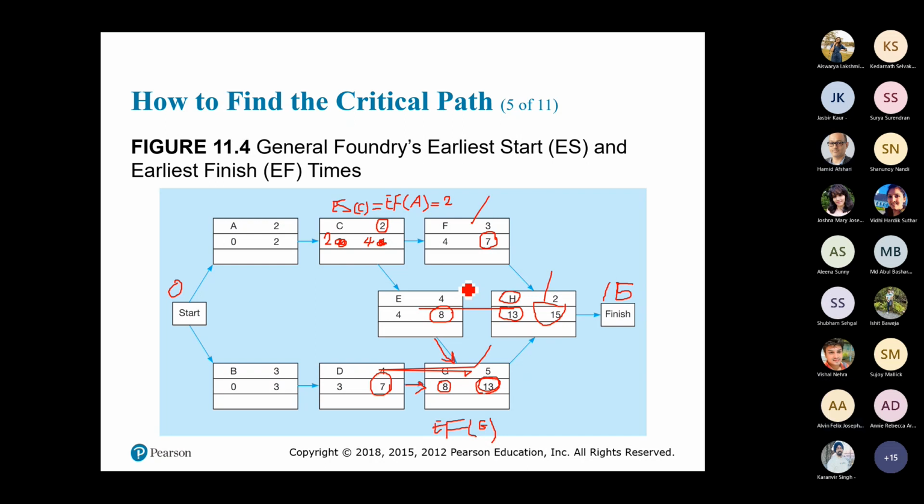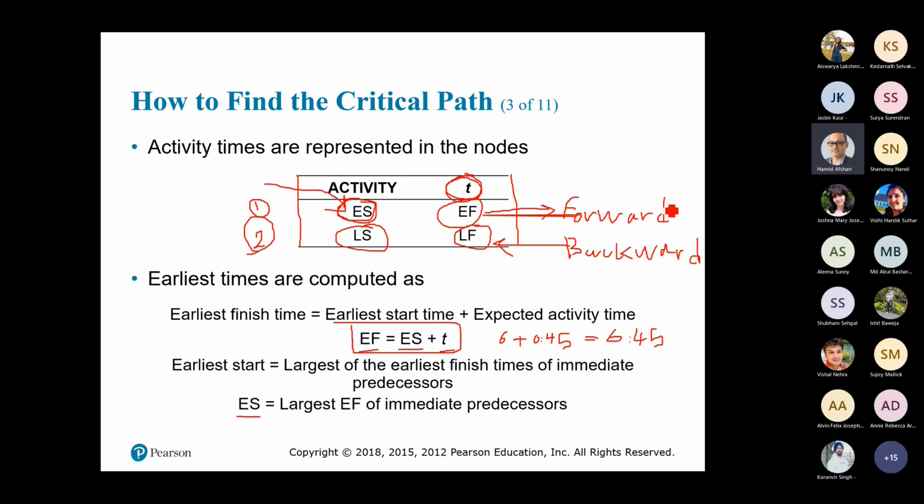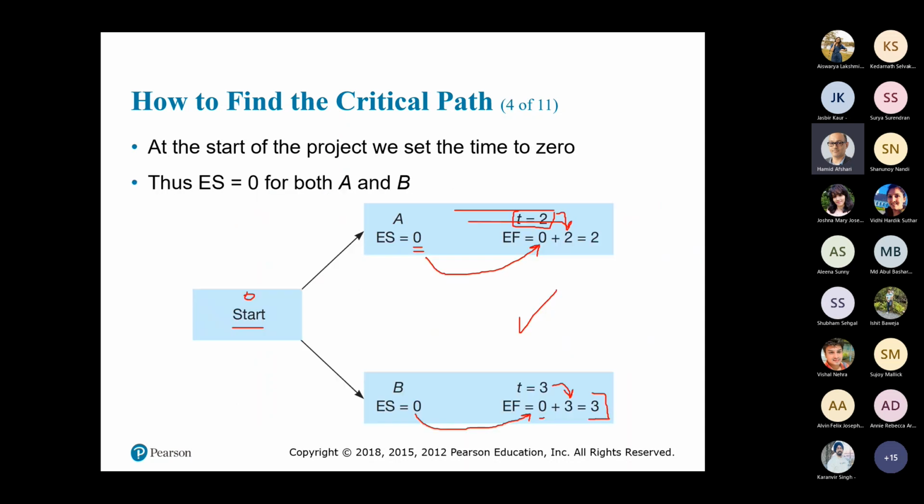Yes. That's good news, that I can finish before 16 weeks. Okay, if you remember, I told you we have forward calculations and backward calculations. So we are at the end of forward calculations. Then I'm going to show you backward calculations as well, but I believe it's a good idea to have a rest.